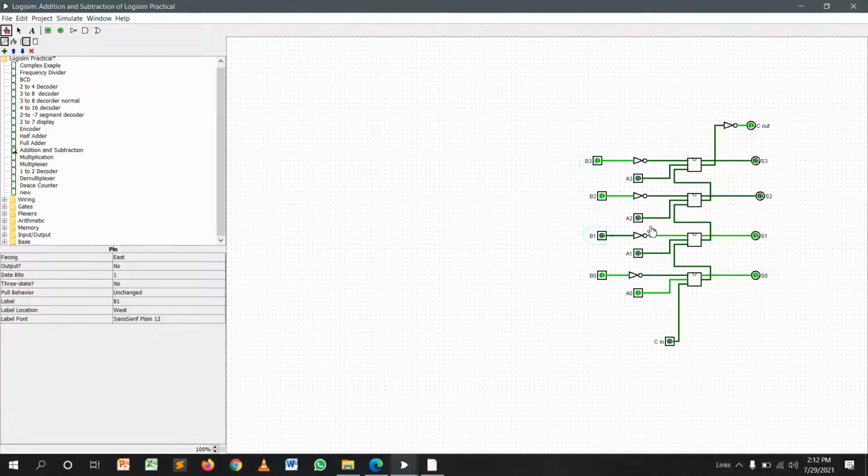Now you can see this concept too: A2 is 1, S2 also 1, and no other value changes. Then I put A3 as 1, and carry out is also 1. Then with C in 1, it is not a good value, that is an invalid situation. Then with C in 0, we get 0 1.